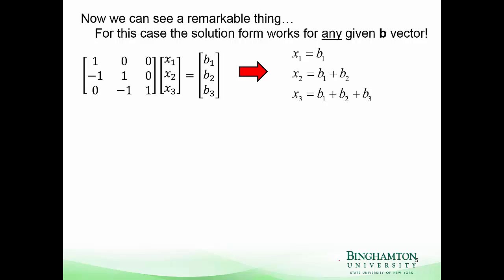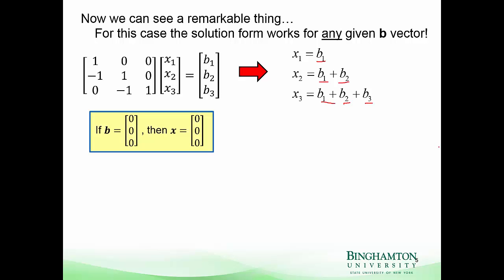So if we look at this, we can see that this will work for any given b vector. As soon as you tell me what the b vector is, I just plug its values in to these slots, and I instantly get the x1, x2, and x3. In particular, if b is equal to the 0 vector, then it's easy to find that the solution is 0, 0, 0.